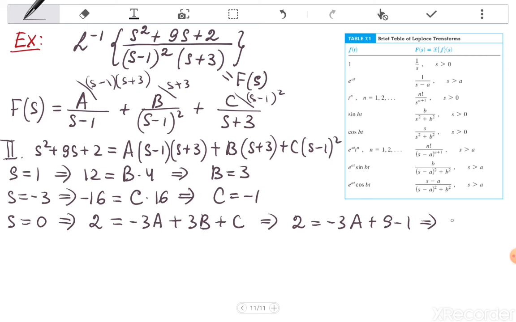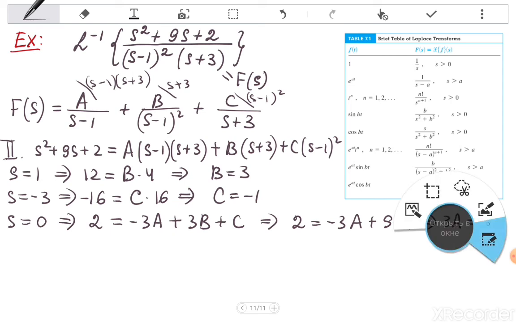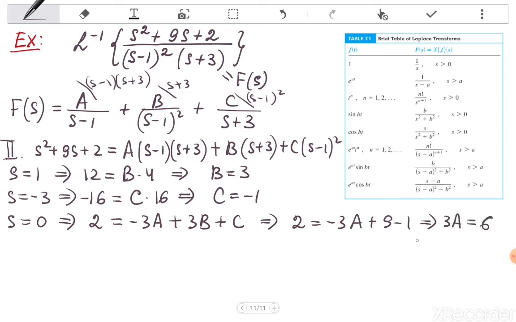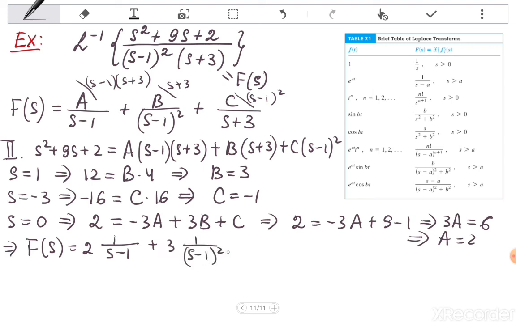So 3a is 6, so a is 2. It means that F(s) is now 2 times 1 over (s minus 1) plus 3 times 1 over (s minus 1) squared minus 1 over (s plus 3).